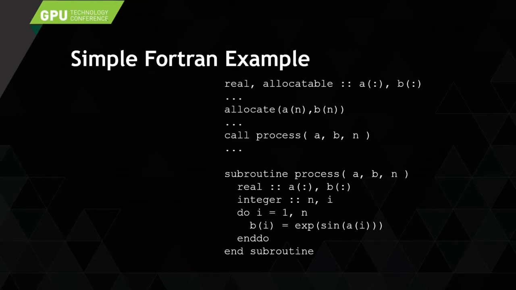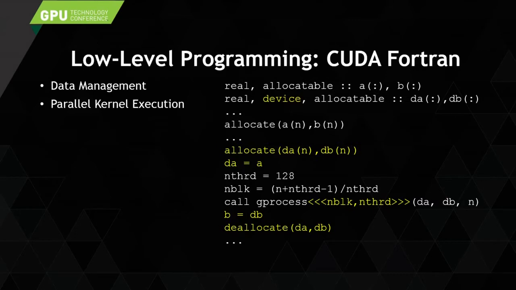Okay, so simple Fortran example. I'm going to show this two ways, and all I got is some data and a call and a routine and then a loop inside the routine. The body doesn't matter here. And you could do this in CUDA Fortran, and I'm not going to show a heck of a lot of CUDA Fortran. I think just this one slide and the next. In CUDA Fortran, you would allocate some device data, copy data as necessary between host and device, launch the kernel, copy the data back, and deallocate it.